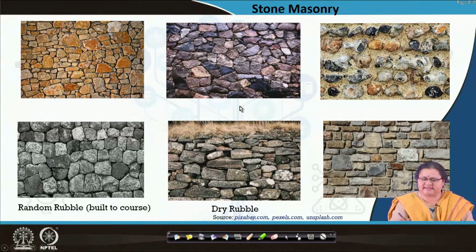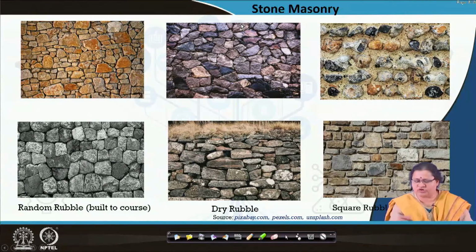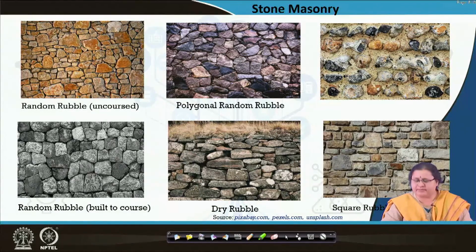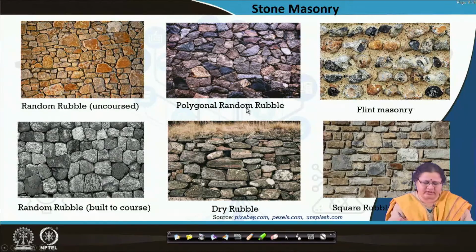Similarly, you also see haphazardly arranged stone in most of the pictures, where you can actually try to find out some course, some regularity, that these pieces are more or less rectangular, whereas these are all polygonal.